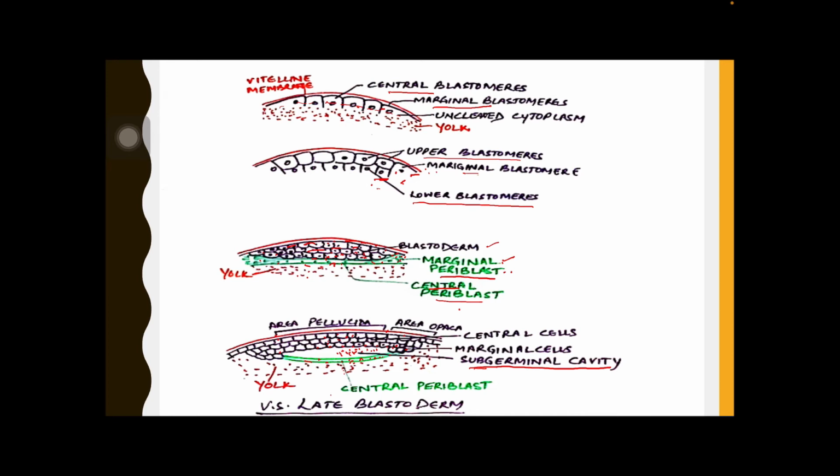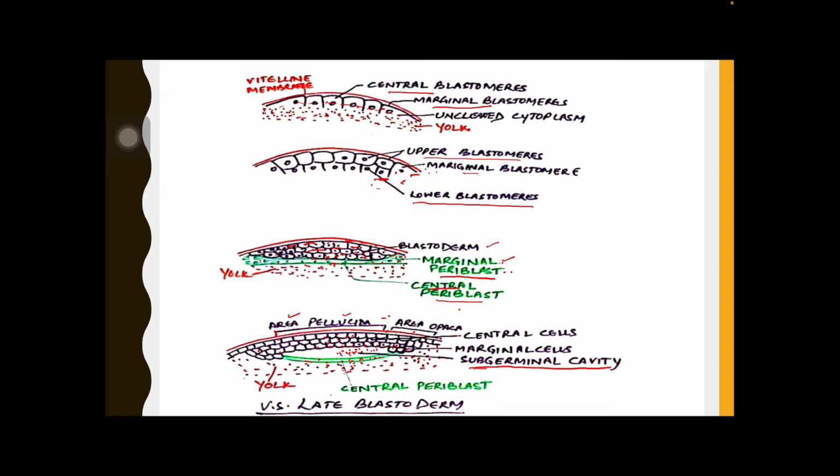So now this layer, the central part of the blastoderm, which is separated from the yolk due to the development of subgerminal cavity, looks transparent. ठीक है, it looks transparent, and now it is called the area pellucida, right?